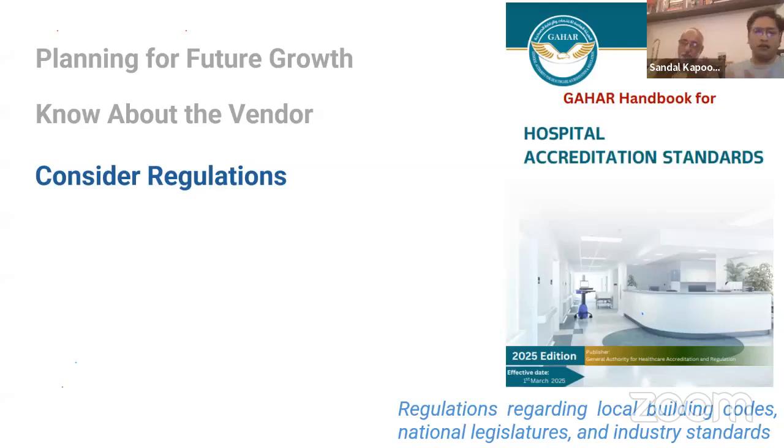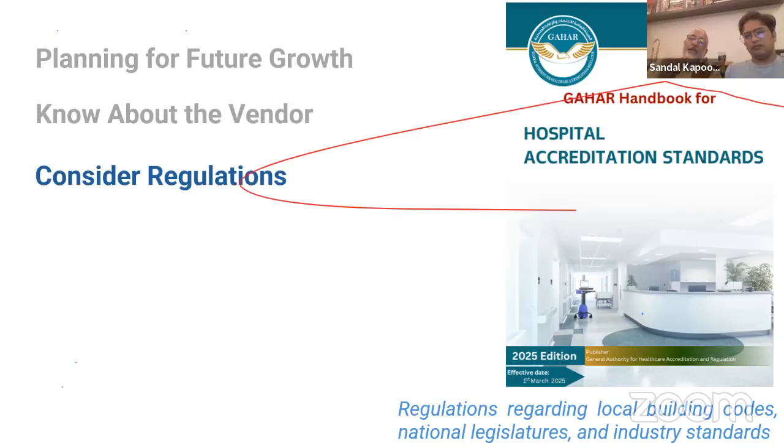Like in India, we have the Atomic Energy Regulatory Board, the National Accreditation Board for Hospitals, and other national building codes. We have international building codes, NFPA, the fire regulations, and other radiation and regulatory statutory requirements. They have to be taken care of as per the laws of the land wherever you are working.